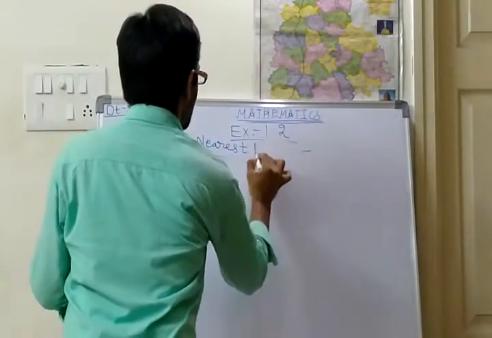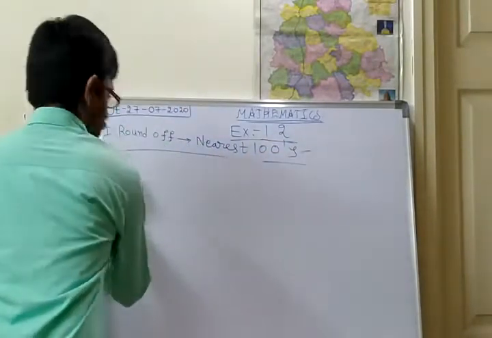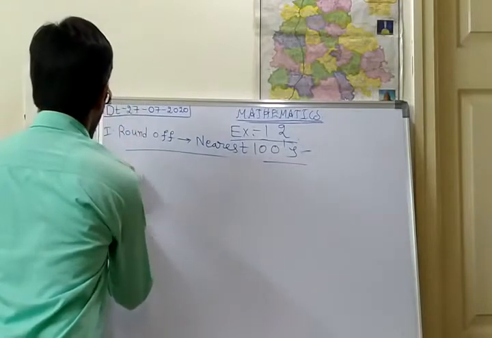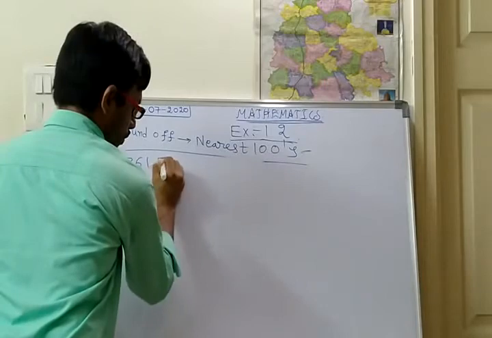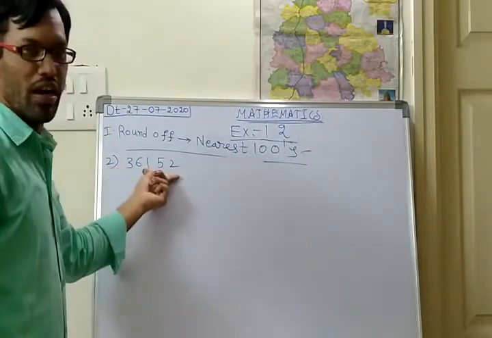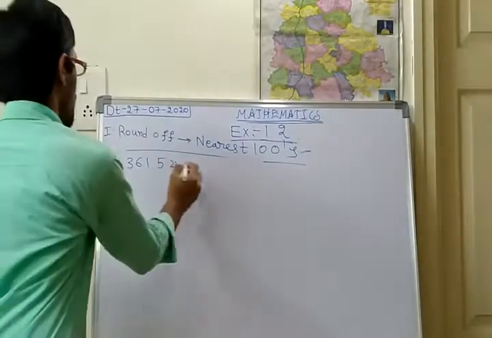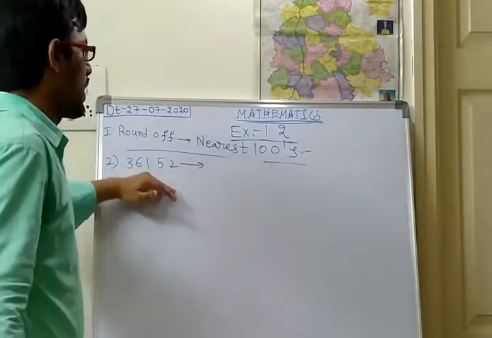Nearest hundreds. In this nearest 100, the second question I am writing: 36,152. For this number we should write the nearest 100 place.